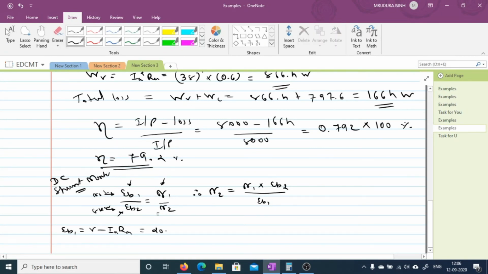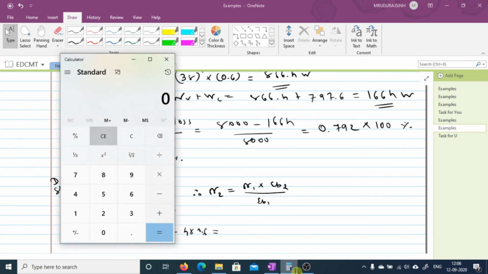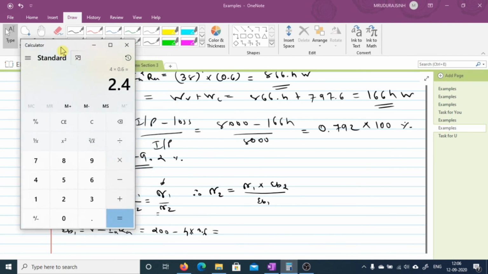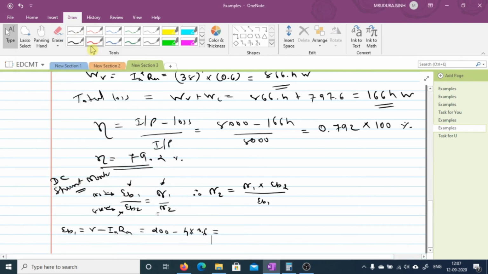So 200 minus no load current, which is 4 ampere, and the armature resistance is 0.6. So 4 into 0.6 gives us 2.4. 200 minus 2.4 gives us 197.6 volt. So 197.6 volt is the back EMF at no load condition.